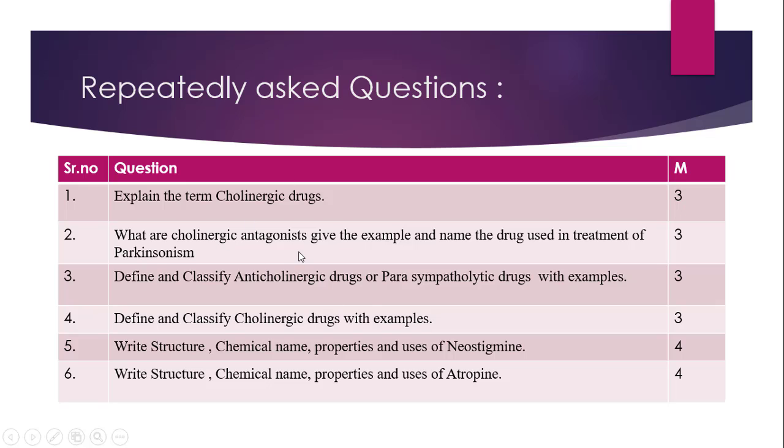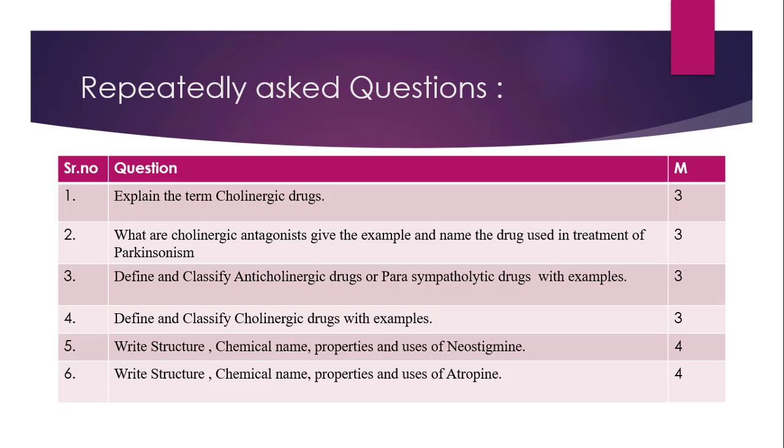is, what are cholinergic antagonists? Give the example and name the drug used in treatment of Parkinsonism. Here again the question is, explain cholinergic antagonist. In the same way as cholinergic drugs, you are supposed to write about cholinergic antagonists, which are also called anticholinergics. So what are they?